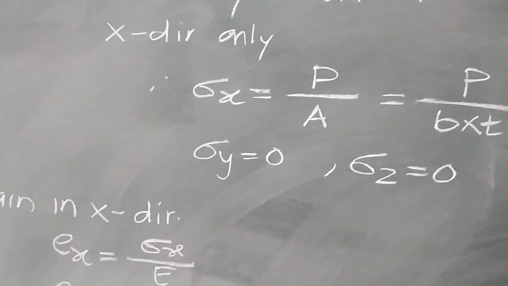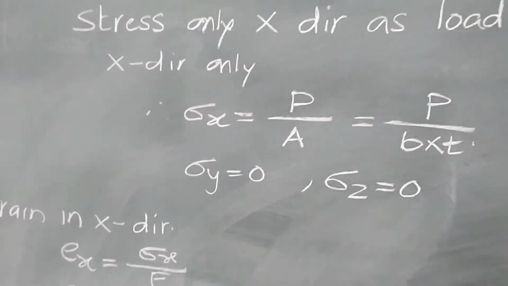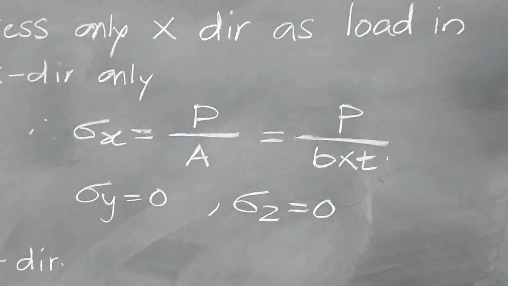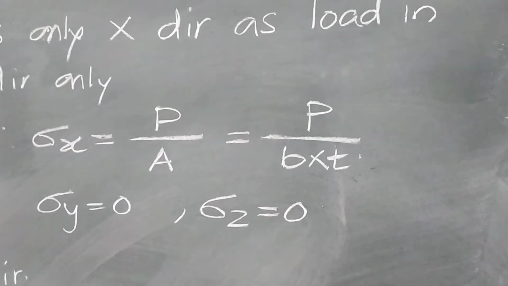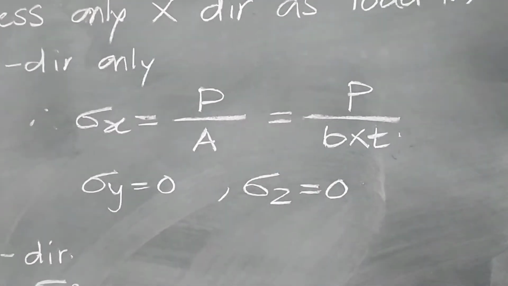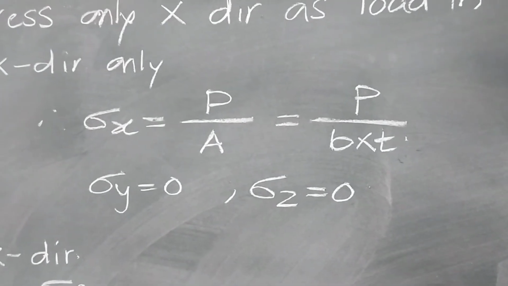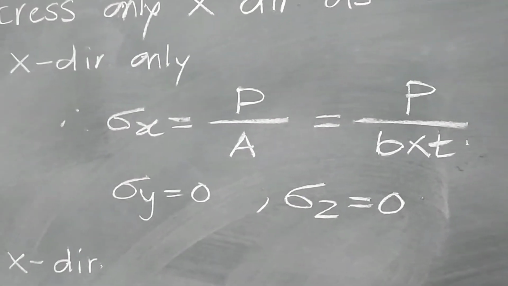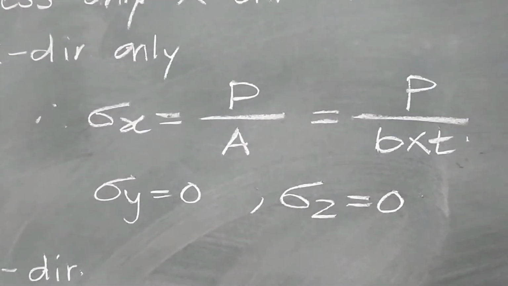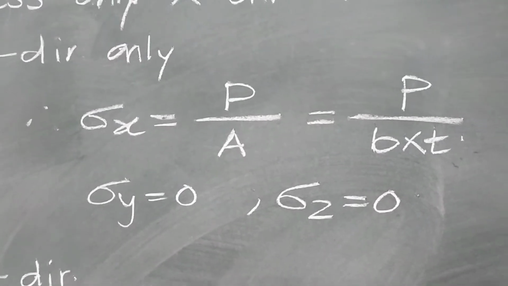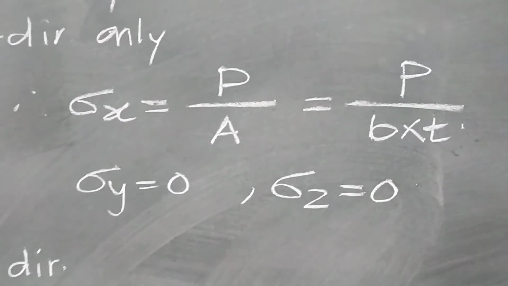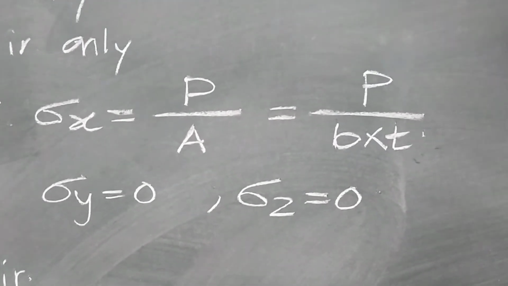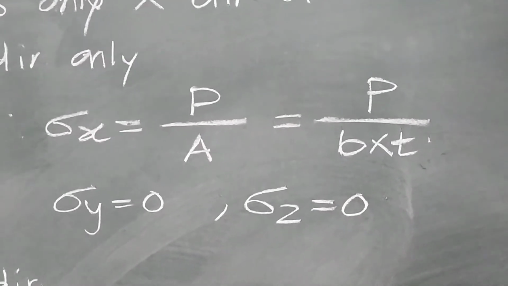Therefore, sigma x is equal to load upon area, P upon A, or P upon B into T, and obviously sigma y equal to 0 and sigma z equal to 0. You may write down the reason in bracket: there is no load in y and z direction.